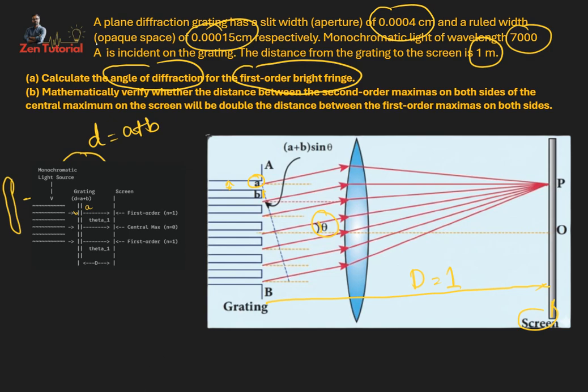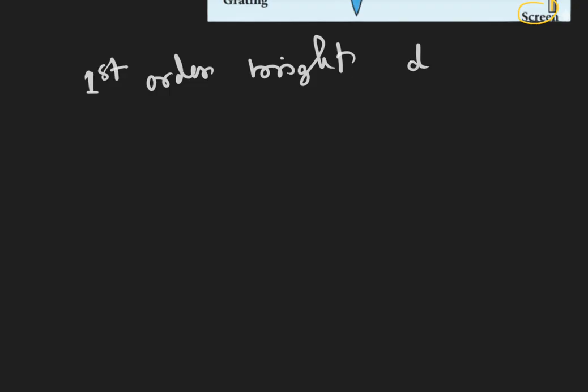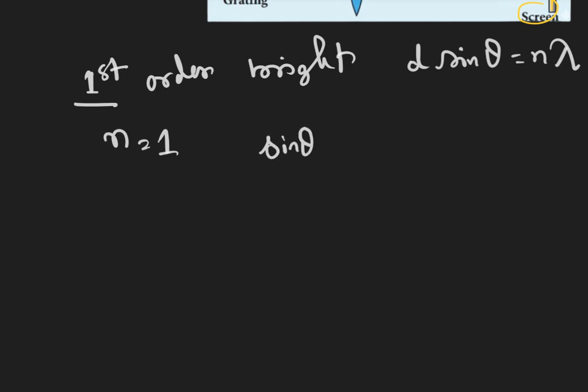For the bright fringe, we are going to use the formula d sine theta is equal to n lambda. As it is first order, n is equal to 1, so sine theta is equal to n lambda over d.